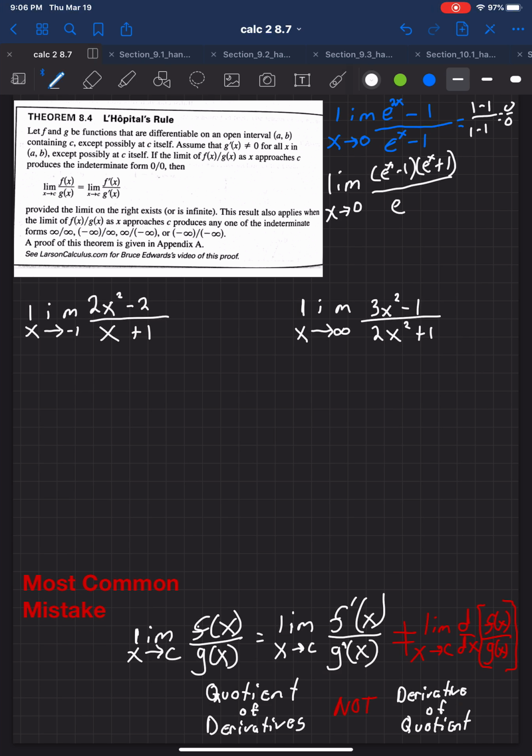All right, and that's still over e to the x minus 1. So in this case, we actually can cancel the e to the x minus 1s, leaving us with the limit as x approaches 0 of e to the x plus 1. All right, and now we were able to use this factoring technique, this algebraic technique. e to the 0 is 1, so that just becomes 1 plus 1 is 2, and we were able to find the limit.